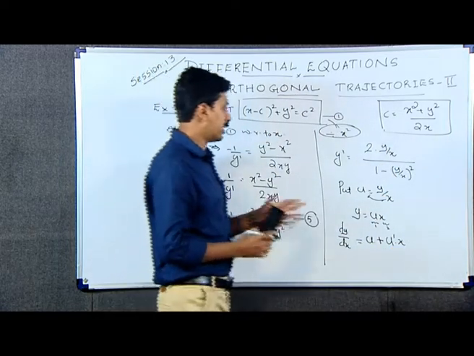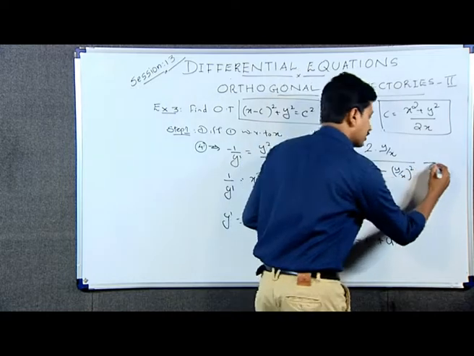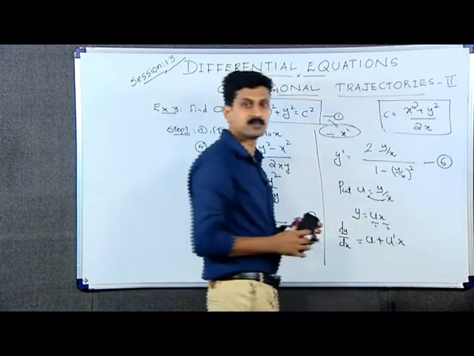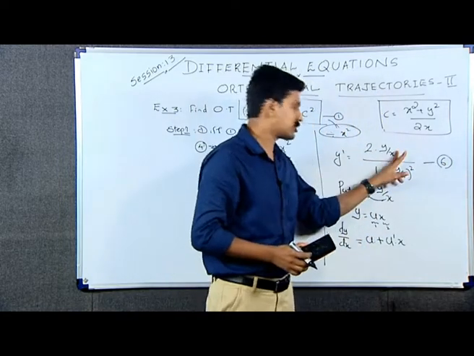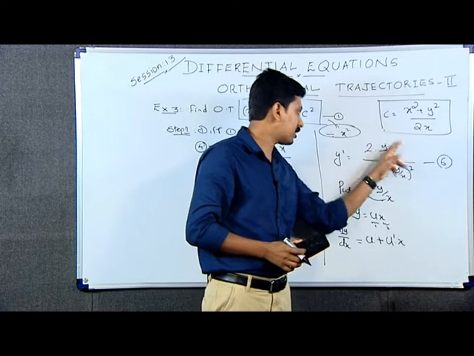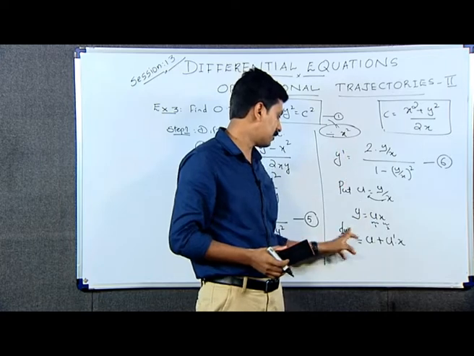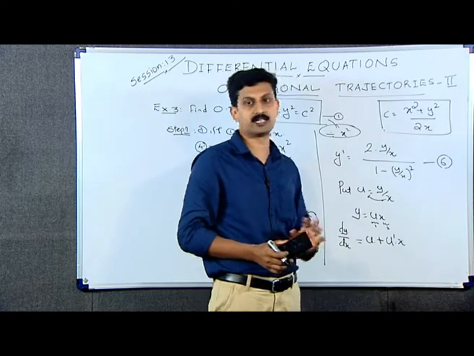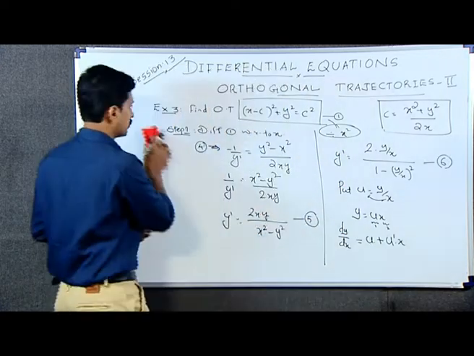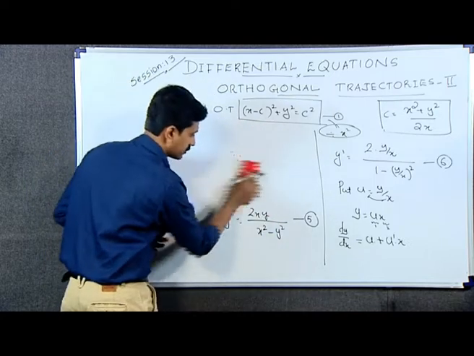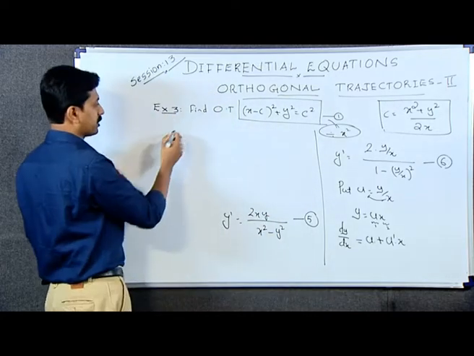I am taking this as equation number 6. See, in equation number 6, we can replace y by x as u and y dash, the dy by dx, as u plus u dash x. Therefore, equation 6 we can rewrite.